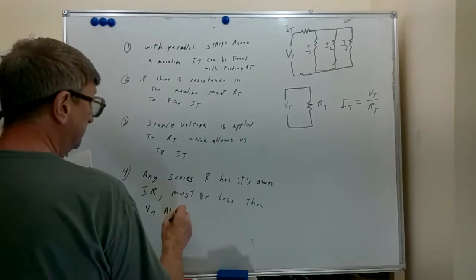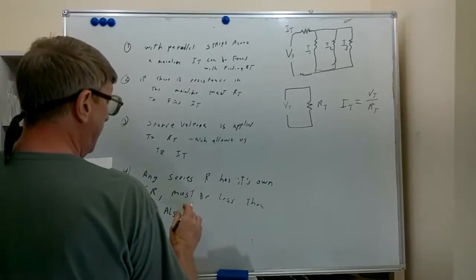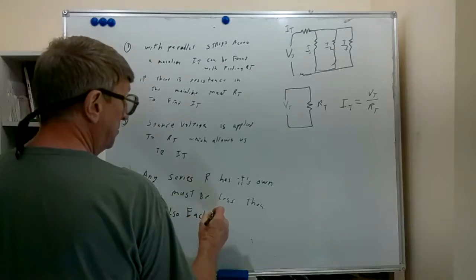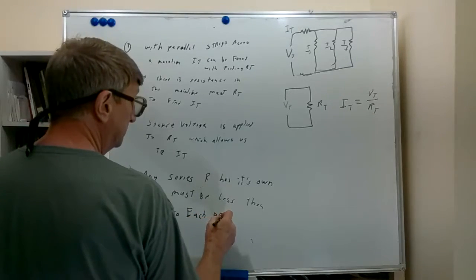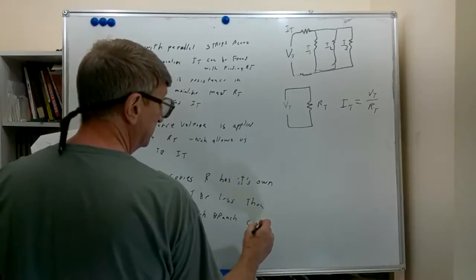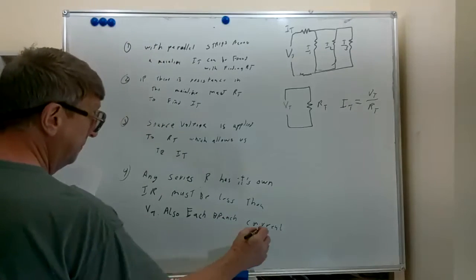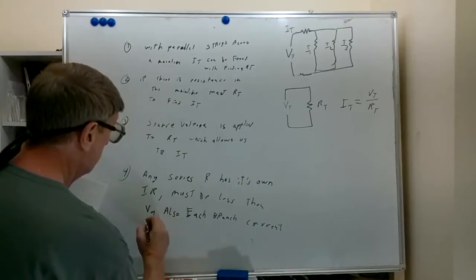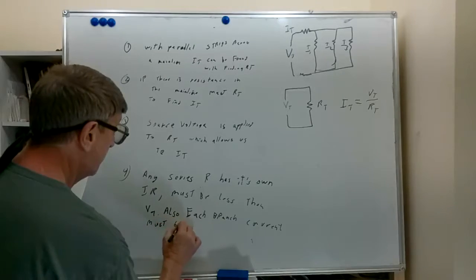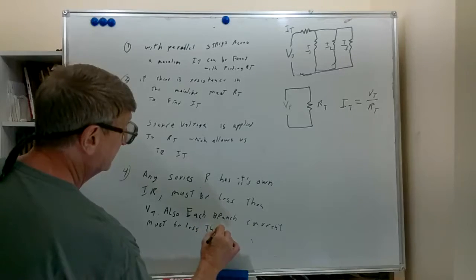Also, IT, each branch current must be less than IT.